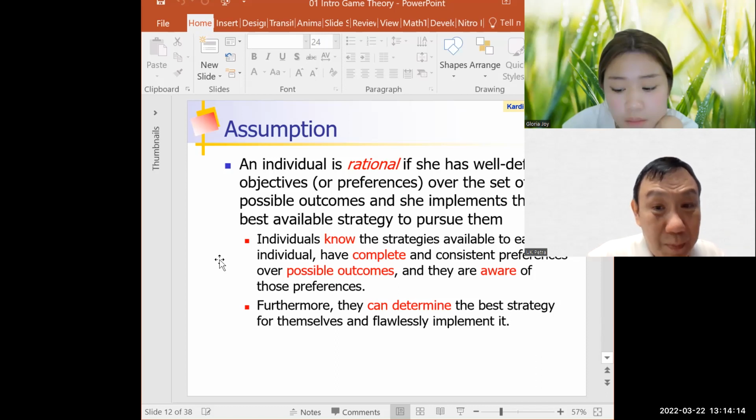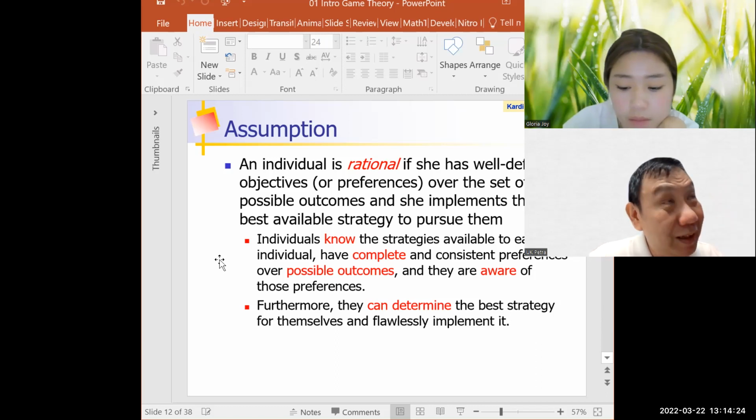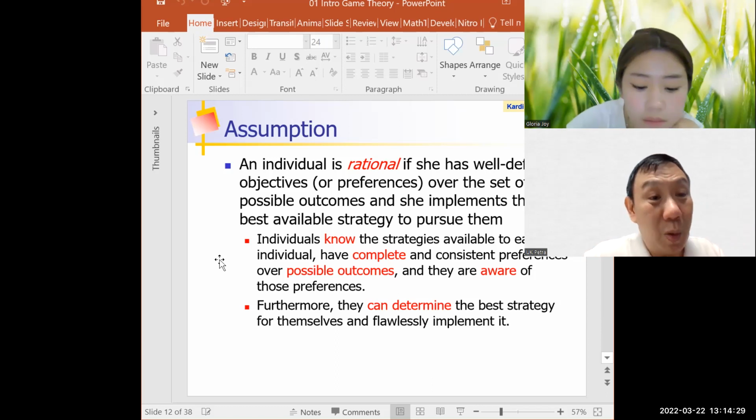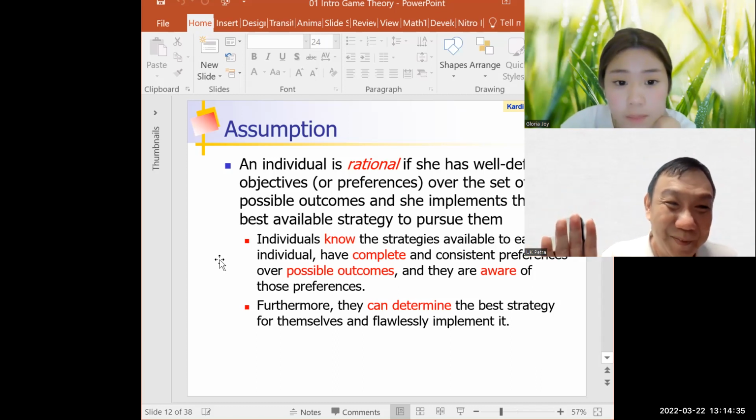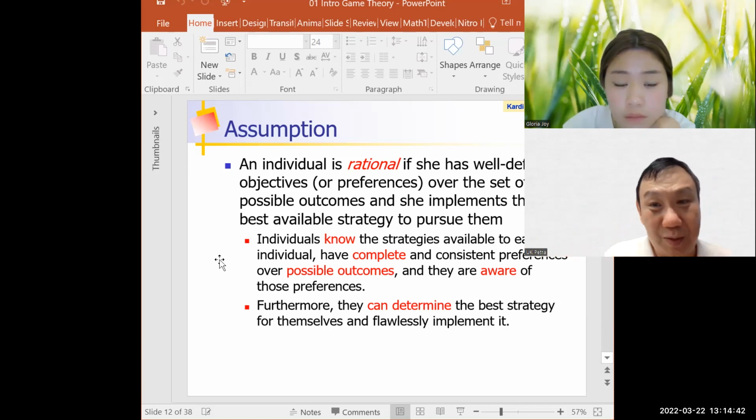And you will implement the best available strategy that you can, right? Remember, this is the basic assumption. You have alternatives and you know your own preference. What you want, you know. Okay? So if you don't know what you want, then this is not in game theory. Okay? Because you are not rational anymore. If you do not know what you want, you are not rational. That's the basic assumption here.